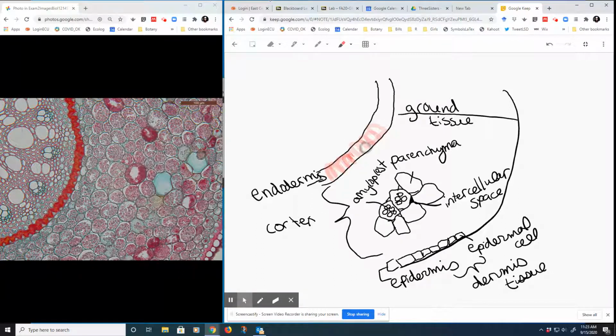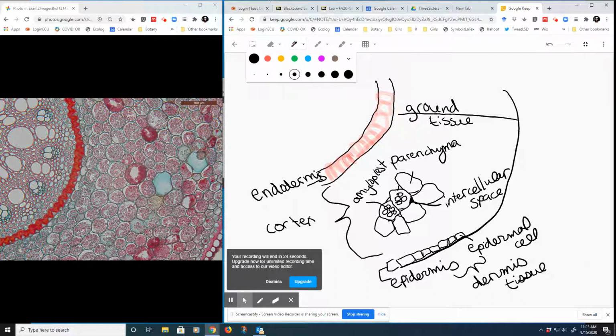But the Casparian strip lines the walls of these cells like mortar in a brick. Okay. And this internal area, everything inside the endodermis, is the stele, and that consists of lots of vascular tissue, xylem, and phloem.